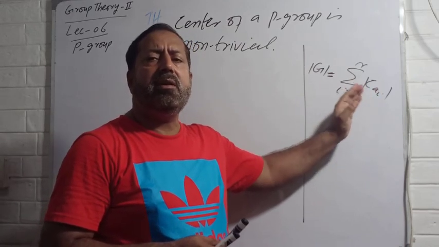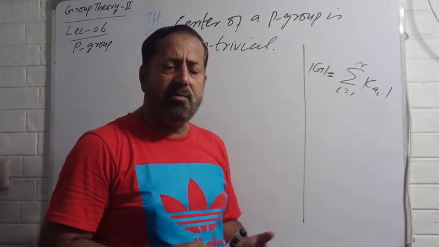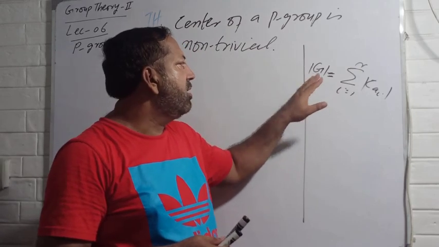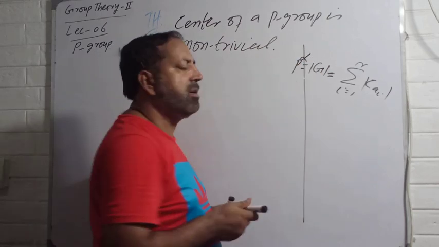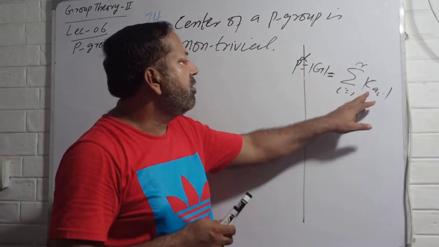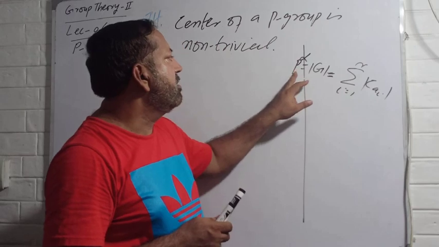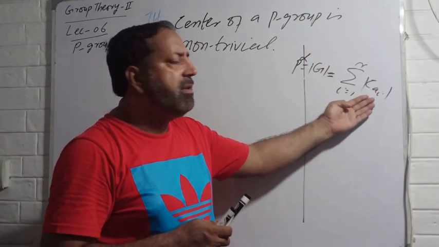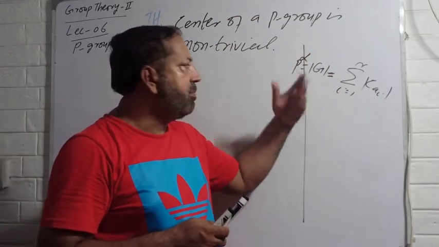The order of every conjugacy class is the index of the normalizer of the corresponding element a_i, so it is a divisor of the order of G. Since G is a p-group, the order of G is p^alpha, and the order of each conjugacy class also divides p^alpha. So the order of every conjugacy class must be some power of the same prime p.